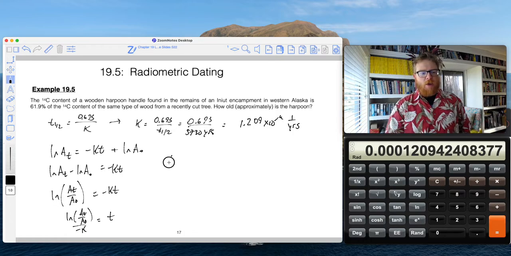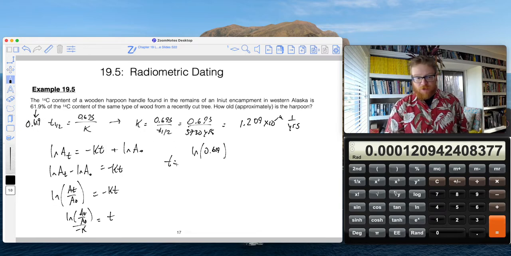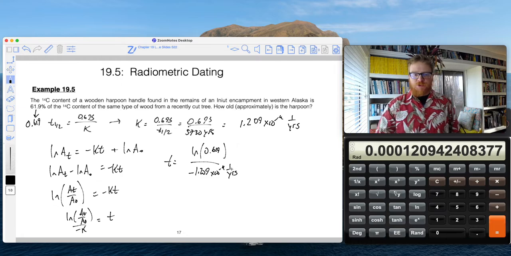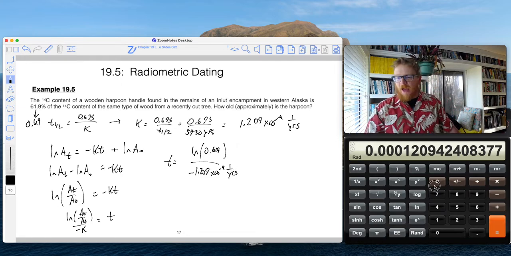So t equals the natural log of 0.619. I just took that percentage and divided it by 100. And that's divided by negative 1.209 times 10 to the minus 4th, 1 over years. Let's do that calculation.